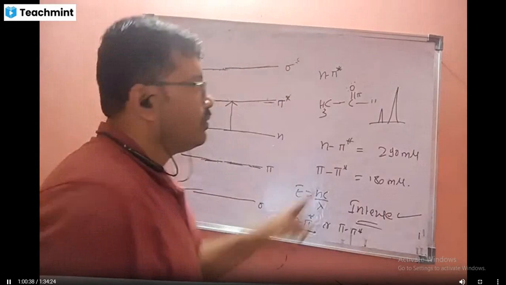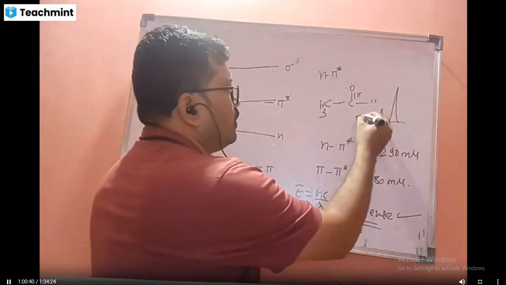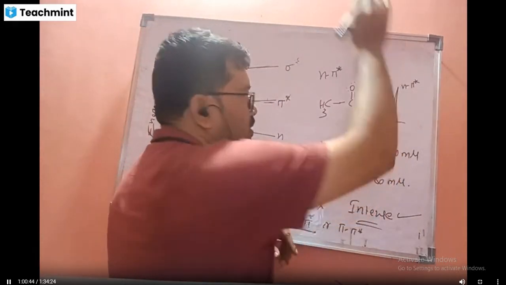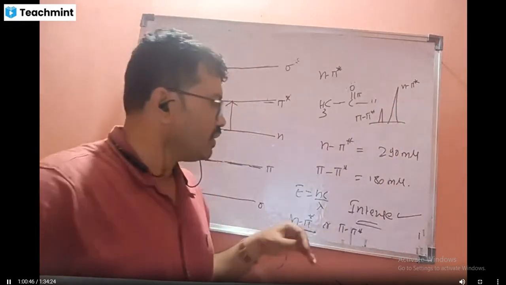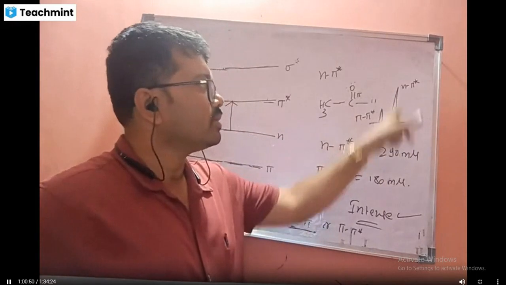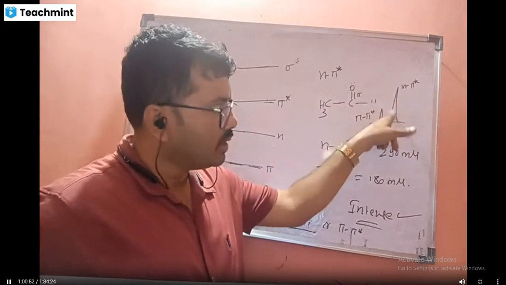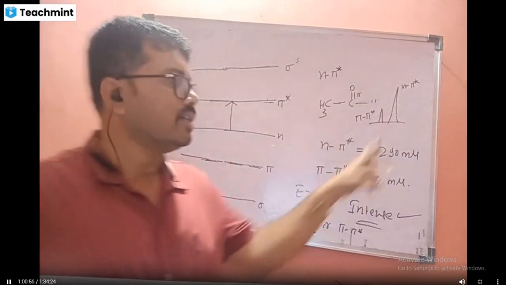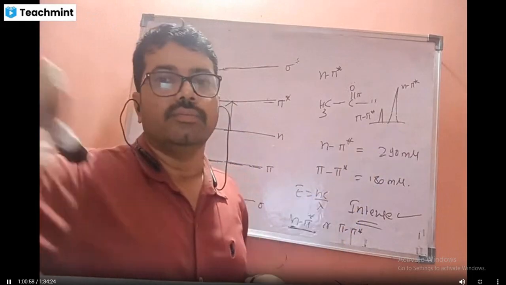Very less intensity, that is pi to pi star. This is n to pi star, more intense. That's why you can easily distinguish this is pi to pi star and this is n to pi star. Because of more intense, you can easily say this peak is n to pi star transition.